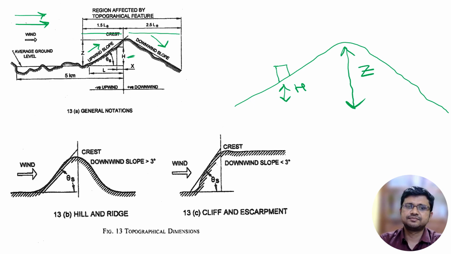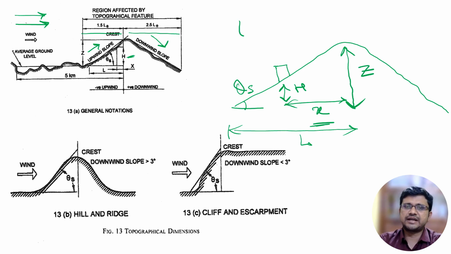And the distance of this building from the maximum height of the topographic feature, from this line, this value will be X. This is theta s, and this is L. L is the length in the upwind direction. So tan theta s equals Z by L.